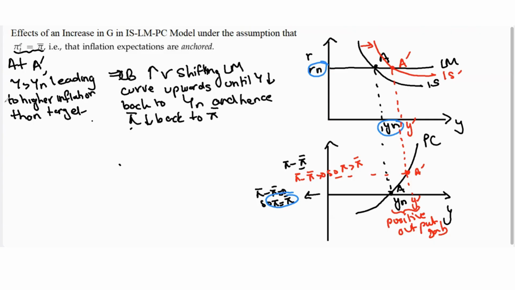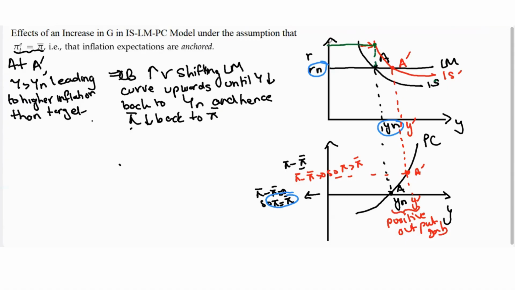The central bank is going to shift the LM curve upward so that output reaches back to the potential level. So we want the new LM curve to intersect the new IS curve at yn.